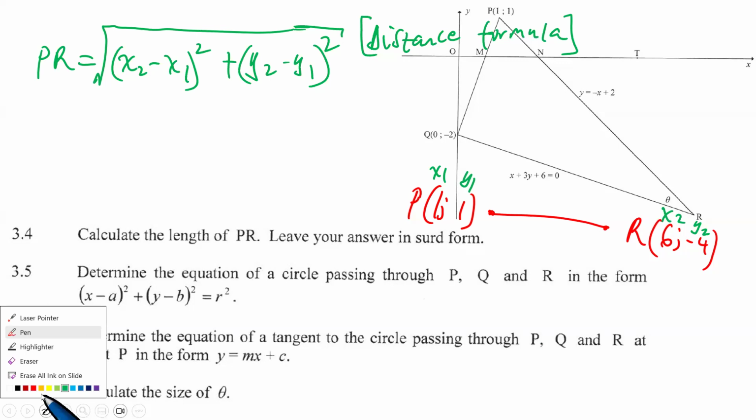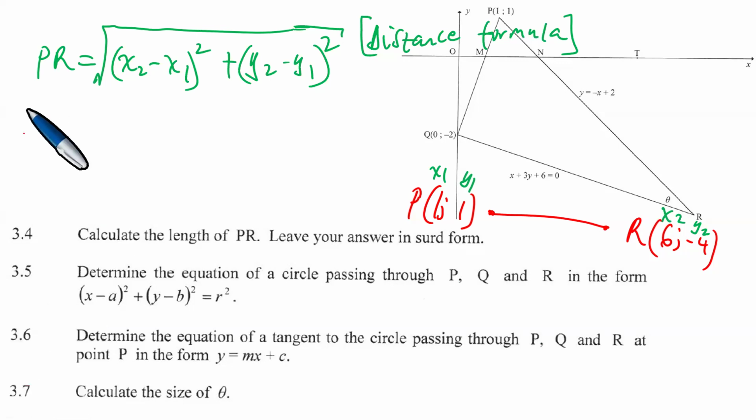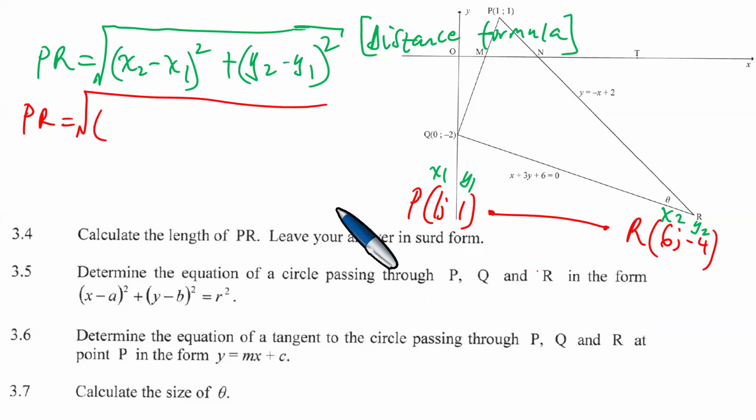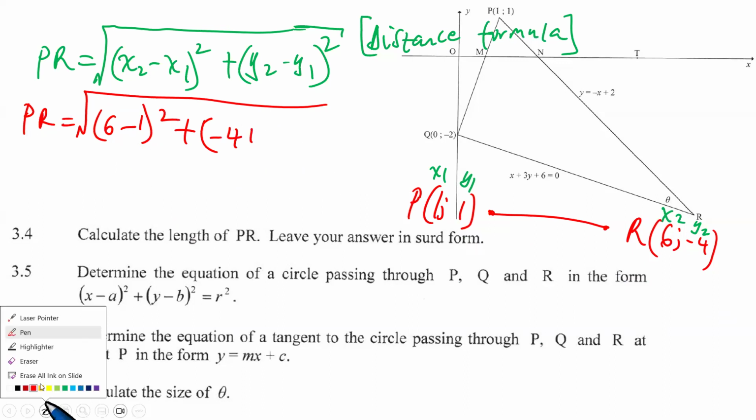We perform the evaluation of the distance: PR equals the big square root of (x2, 6, minus x1, 1), squared, plus (y2, -4, minus y1, which is 1) squared.